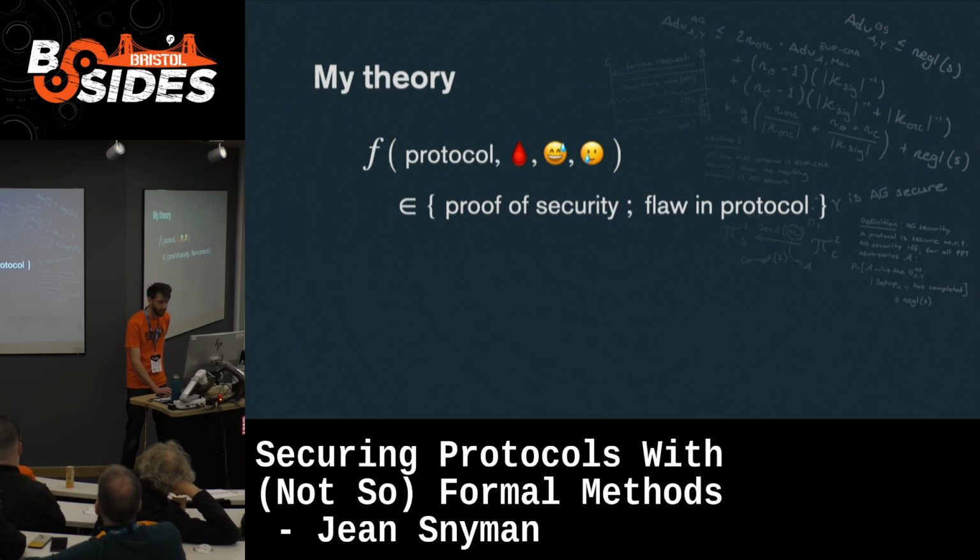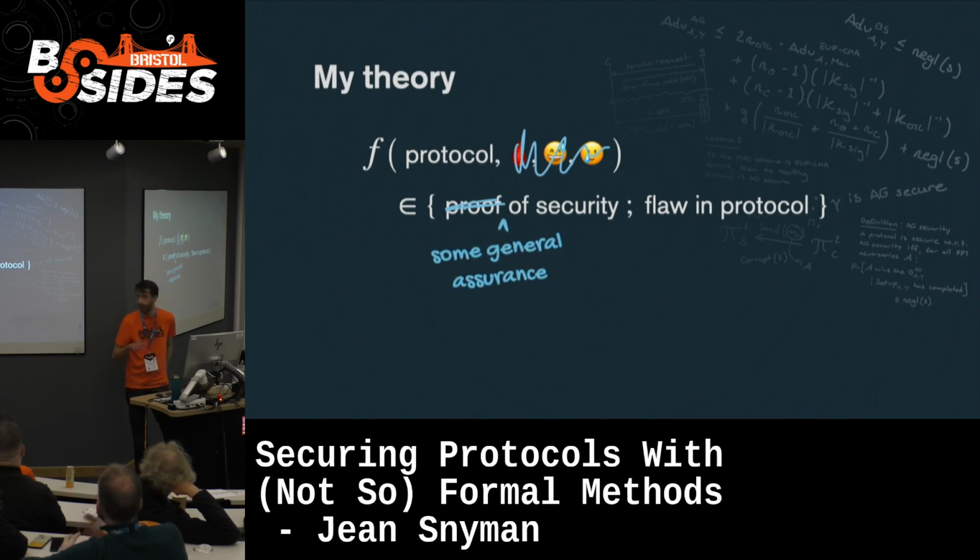Now, I have a theory, and that's that you can take this and modify it slightly, that you can simplify things and get rid of the blood, sweat, and tears that goes into formal analysis. Now, if you do this, you're not going to get a full proof of security, but you can get some general assurance. And sometimes that's good enough, because you can still use this to find flaws in a protocol.